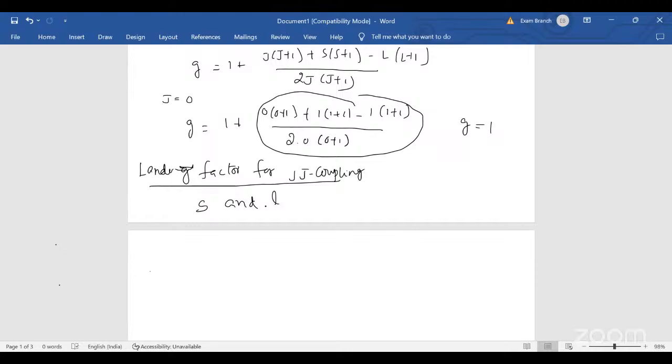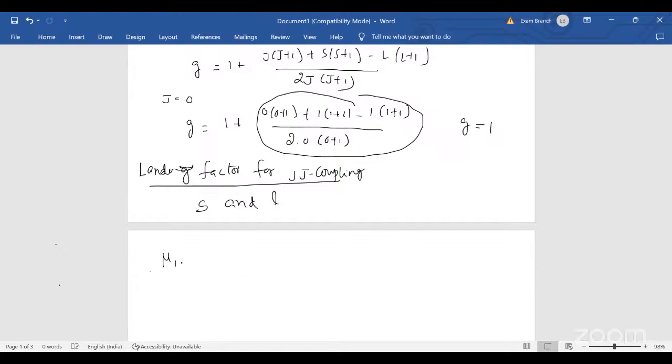So here, the magnetic moments of the two electrons. Previously in the case of LS coupling, we wrote mu L and mu S. But here it is the individual electron which is coupled, so we write the magnetic moments of the two electrons separately.